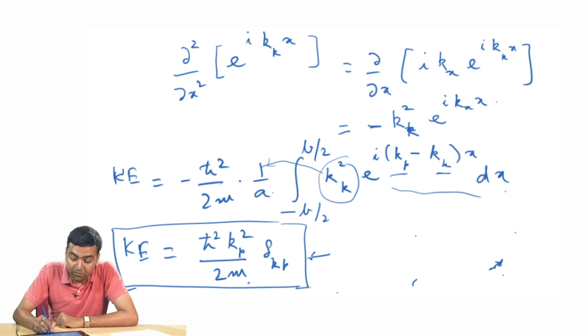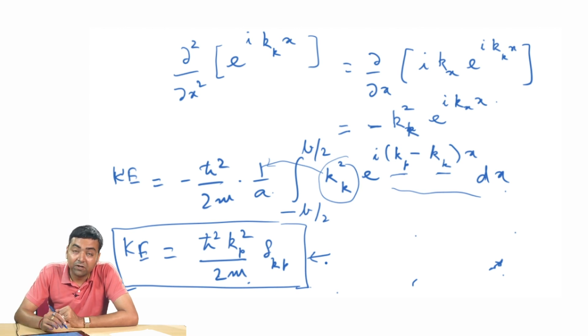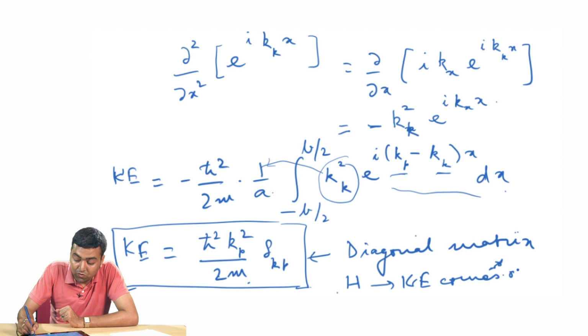So, now if you look at this, the matrix corresponding to the kinetic operator is a diagonal matrix, or in other words, in my Hamiltonian the kinetic energy comes only in diagonal terms.